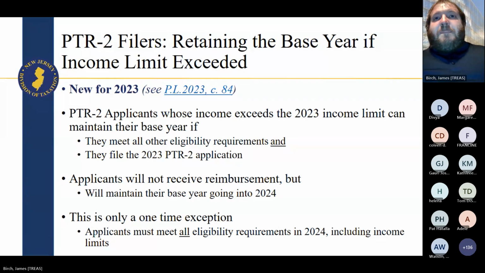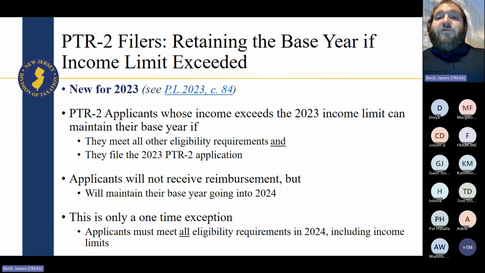So normally what happened in previous years, if you exceeded the income, you would not be eligible, and you would have to start all over again, and your base year will be reset at whatever year you are eligible again. And normally that property tax is going to be higher as time goes by.